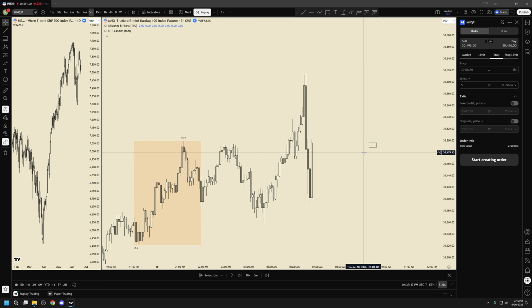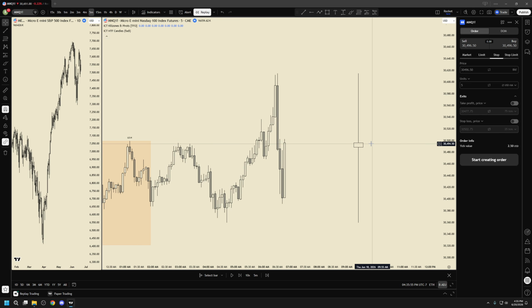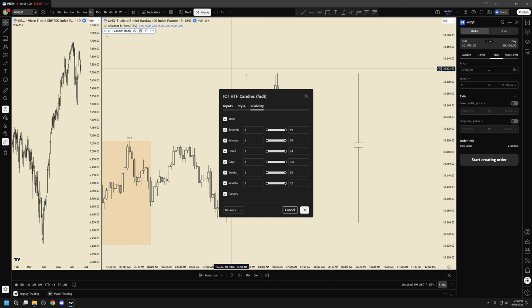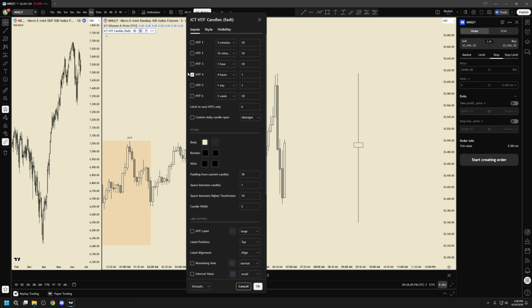I just like to see the swing points of the 4 hour candle. It's not that important. You can have it on or off if you want. I personally just like trading in the direction of the 4 hour. The settings I have are right here.